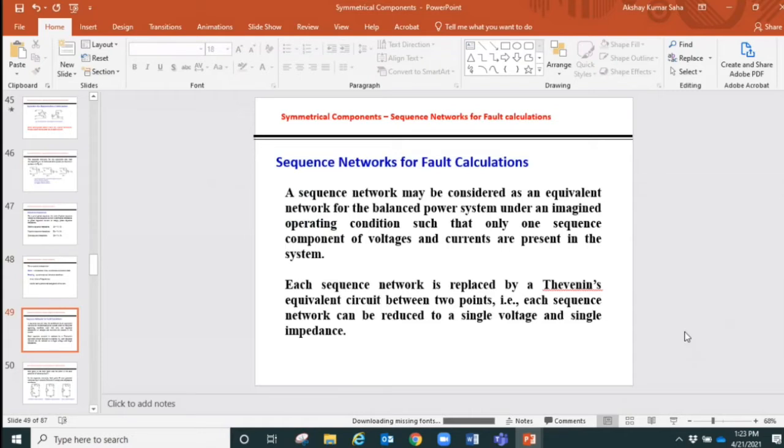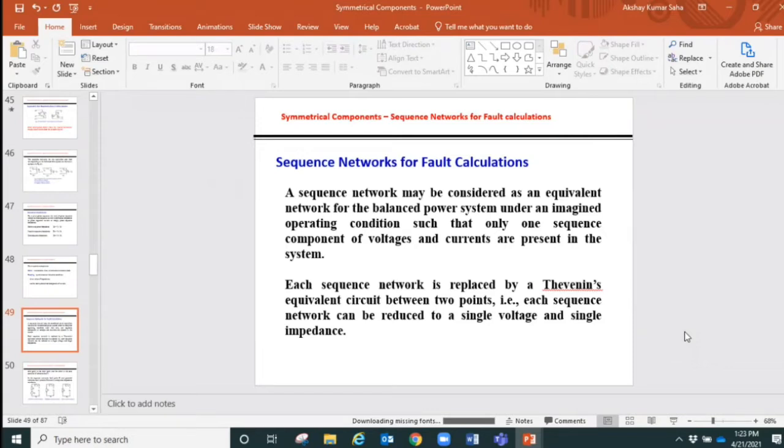Now, I mentioned and I showed you some sequence networks that we have to draw, and we draw them from the current, voltage, and impedance equations. And again, just to remind ourselves, they are independent of each other, meaning there will be three different voltage, current, and impedance. So three different networks: positive sequence network, negative sequence network, and zero sequence network.